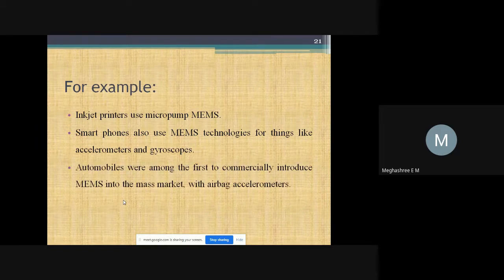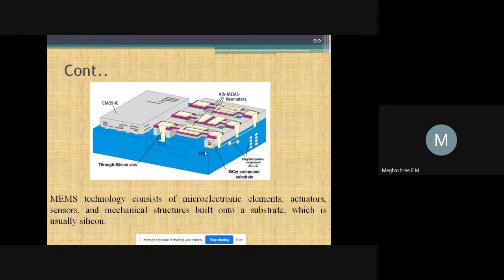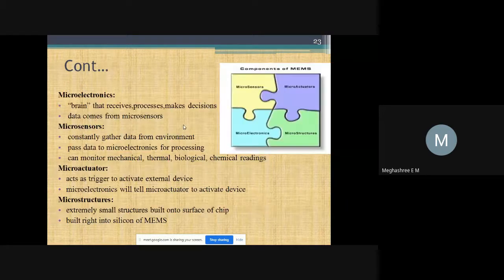The next example is automobiles, where MEMS were first introduced, like airbag accelerometers. This is a picture I've taken from the internet. This is the base on which sensors and actuators are embossed. Next, these are the components of MEMS, which are not given in the syllabus, but I just listed them: microelectronics, microsensors, microactuators, and microstructures.